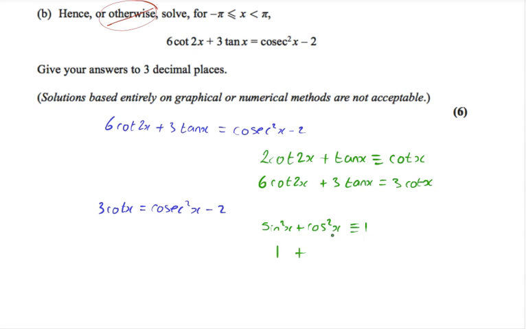Cos squared x divided by sine squared x is cot squared x. And 1 over sine squared x is cosec squared x. This is what we replace this part of the equation with. So our equation now becomes 3 cot x equals 1 plus cot squared x minus 2.